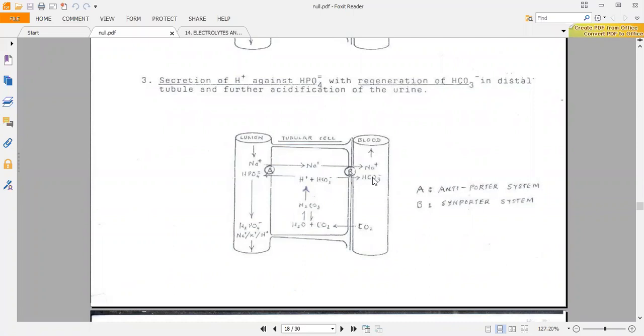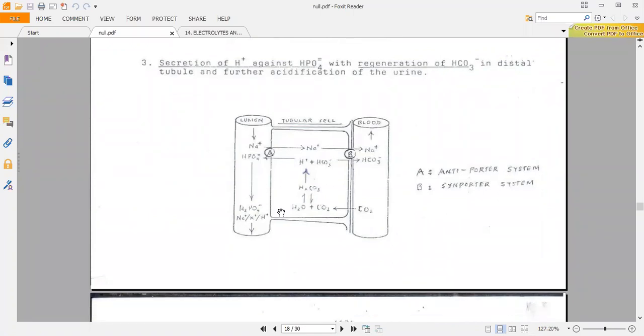Then this H plus, which is produced, will move over here and combine with the phosphate group, and then it will come down as urine. So that's how the kidneys manage to secrete H plus ions and also produce bicarbonate.